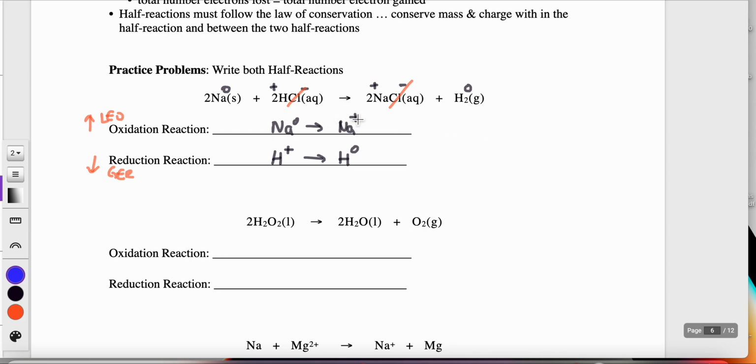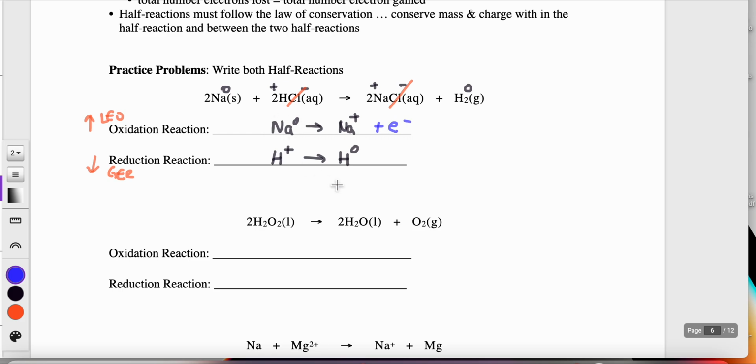Well, +1 is a greater charge than 0, so I'm going to add 1 electron here. So now I have a +1 plus a -1, which equals 0. So now my total charge on the right is 0, and my total charge on the left was already 0.